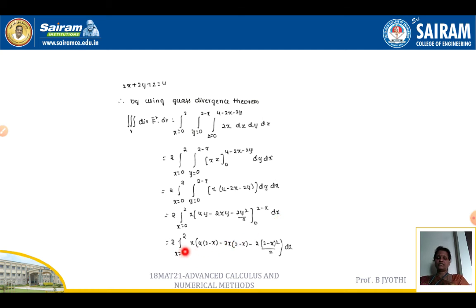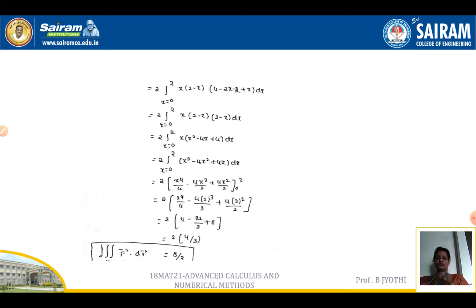And again 2 is taken outside, x times 4 times 2 minus x, minus 2x times 2 minus x, minus 2 times 2 minus x the whole square by 2, into dx. Finally, this has to be integrated with respect to x and substitute the limit x equal to 0 to 2.